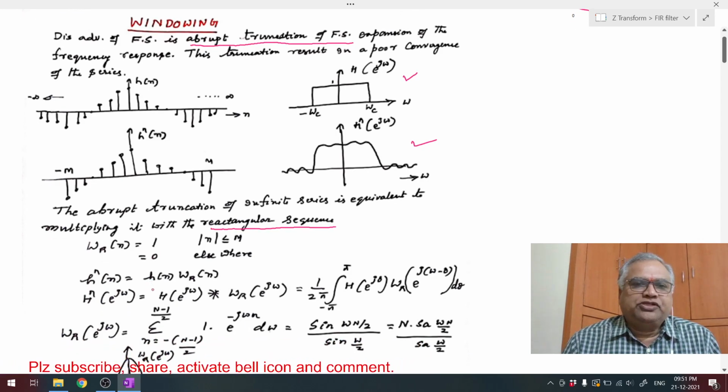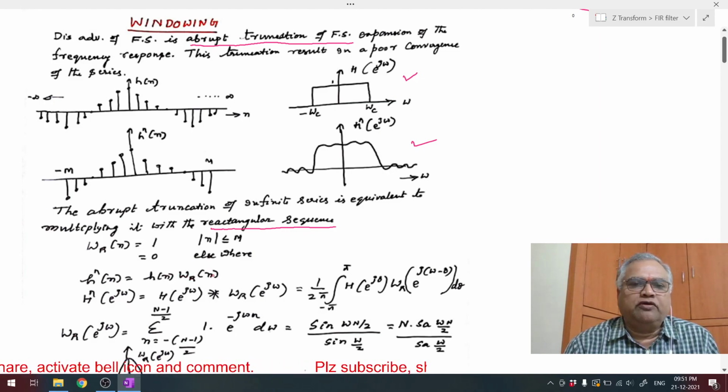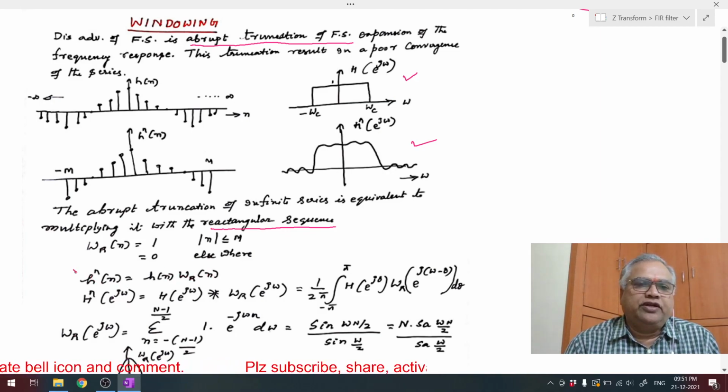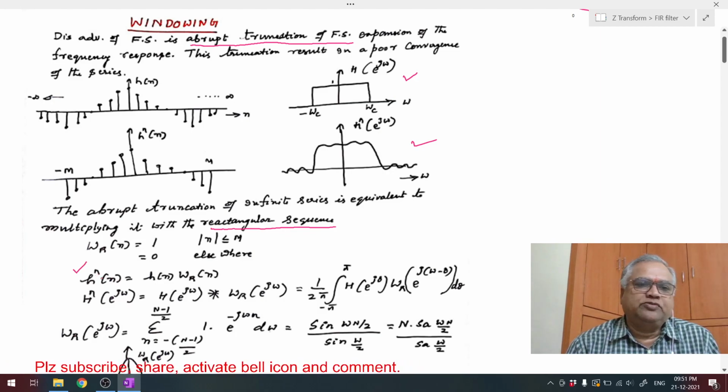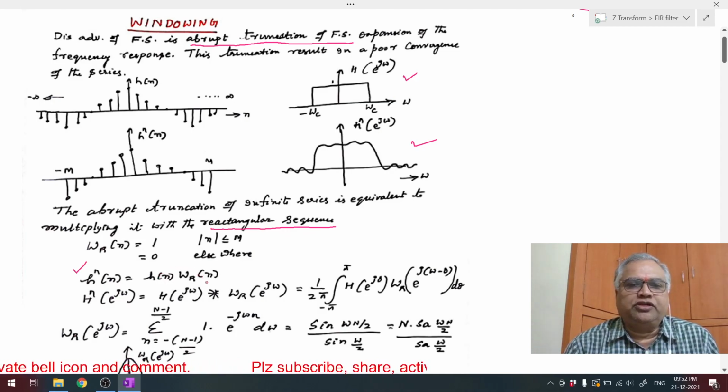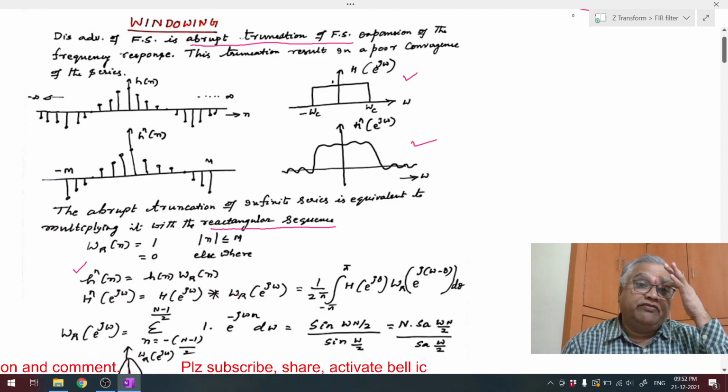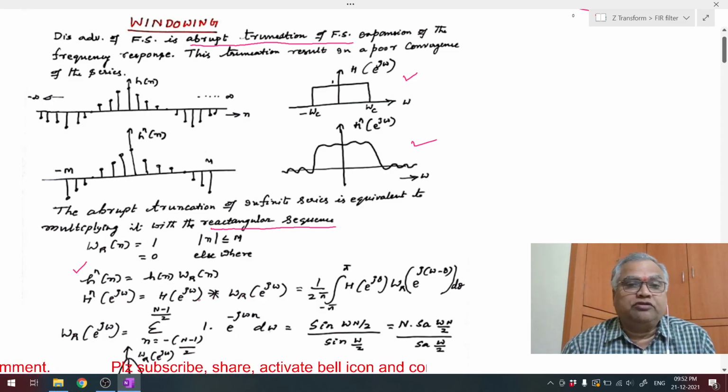So h of n is multiplied with WR of n, so that we get h cap of n or h prime of n. In the time domain we are multiplying, and time domain multiplication leads to frequency domain convolution.